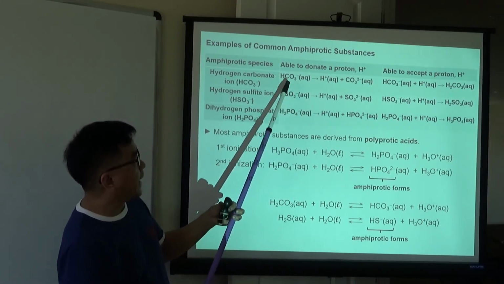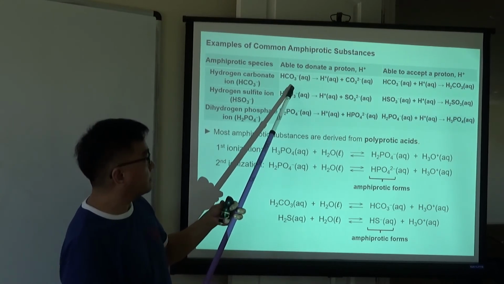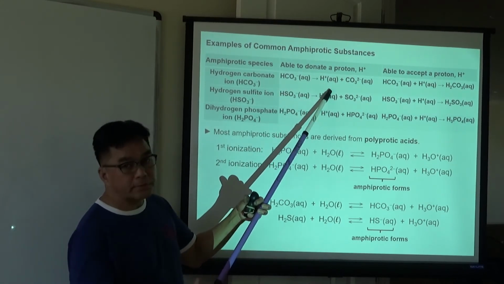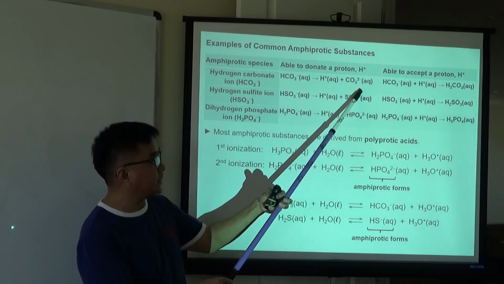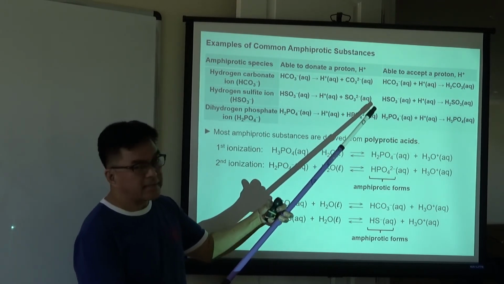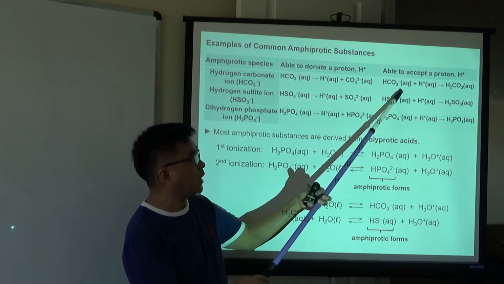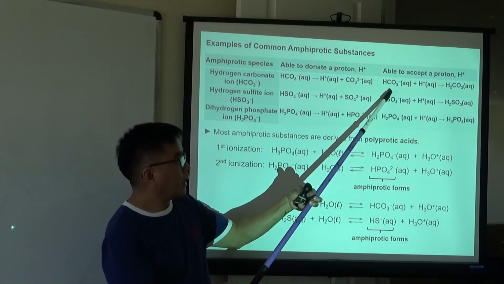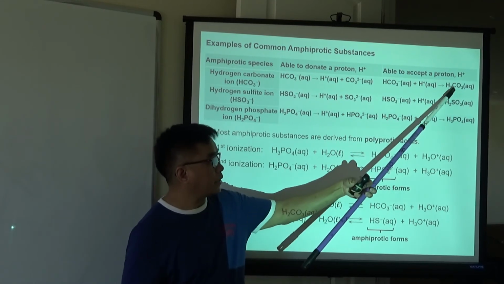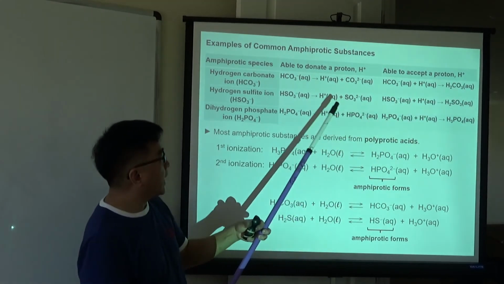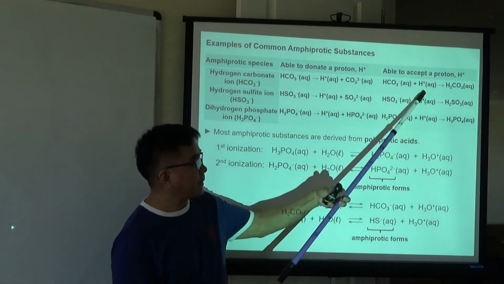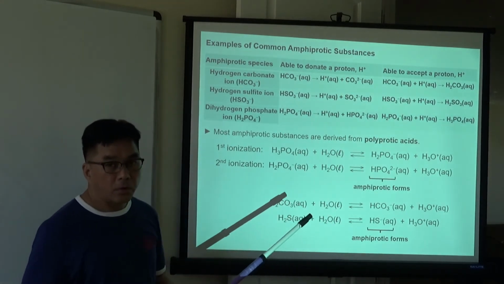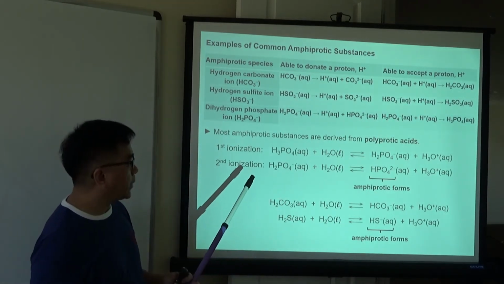That hydrogen carbonate can act as an acid by donating another proton to the solution to become carbonate ions, or it can act as a base by accepting a proton from water or some other source in order to become H2CO3. So it can either donate a proton or accept a proton, so it's called an amphiprotic substance.